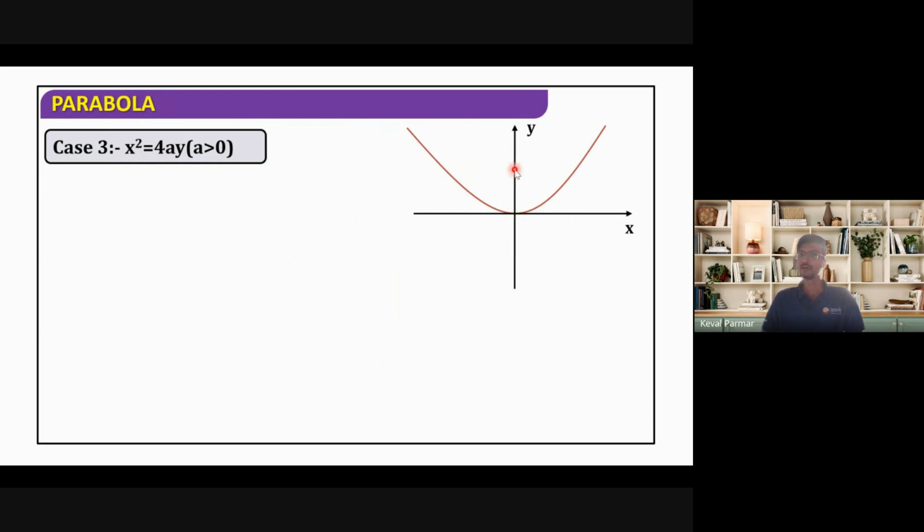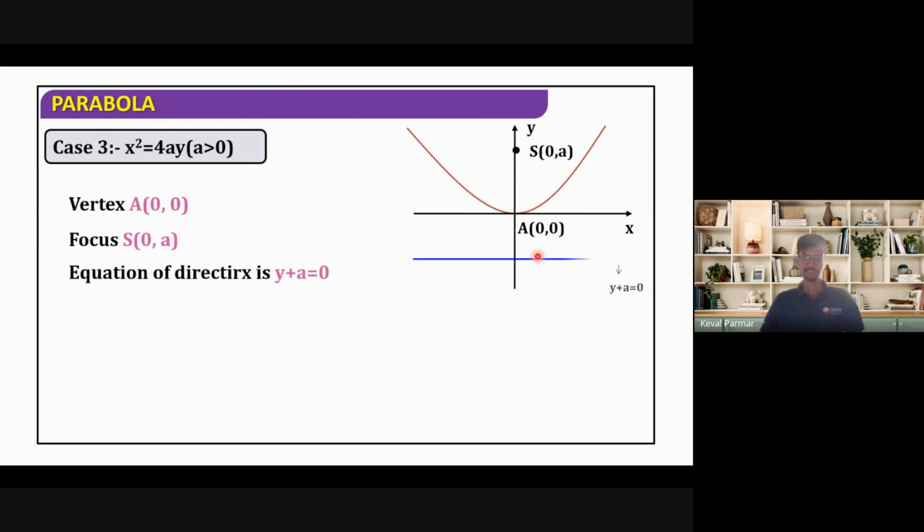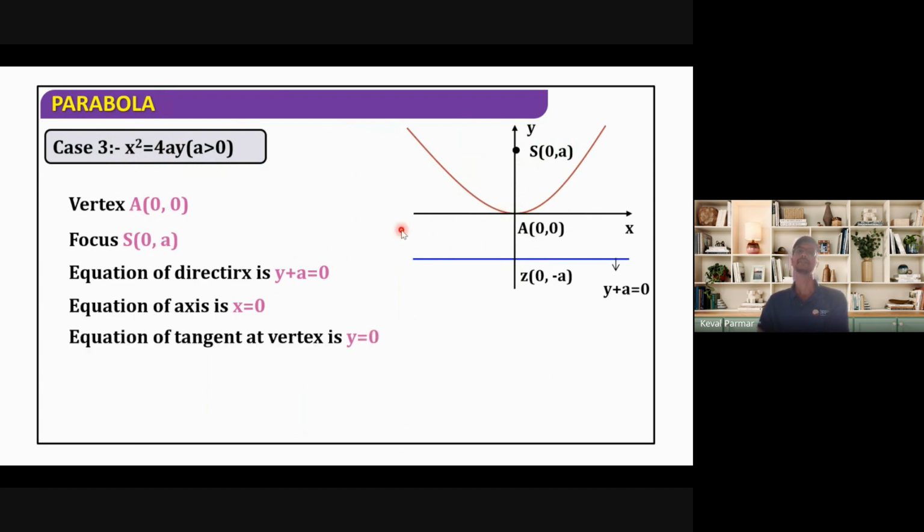Here will be the focus and here will be the directrix. Please mind the coordinates accordingly. Since the focus is on the y-axis, the coordinates will be 0, a. The axis will now be the y-axis, and the tangent at the vertex will be the x-axis.